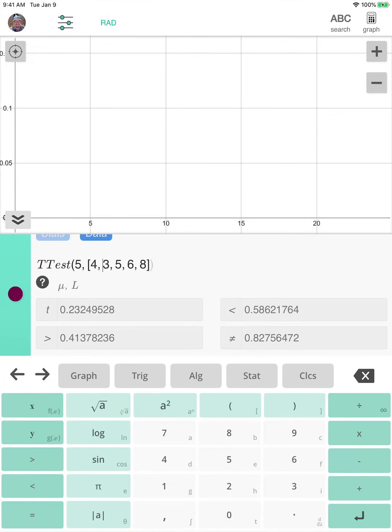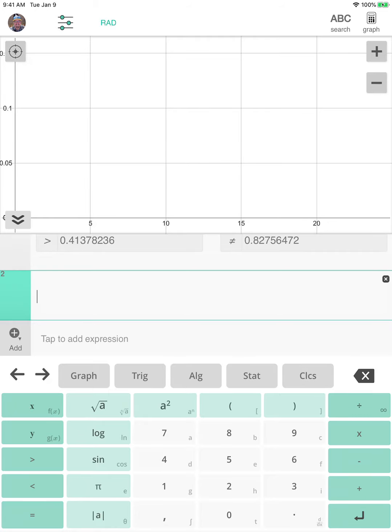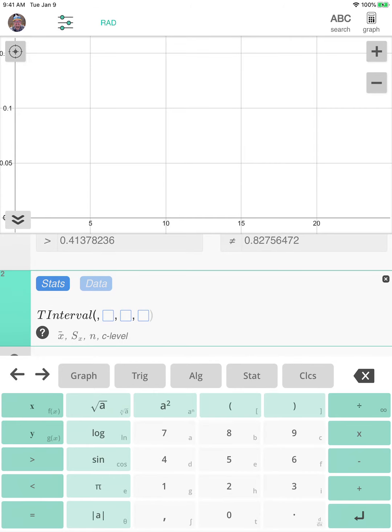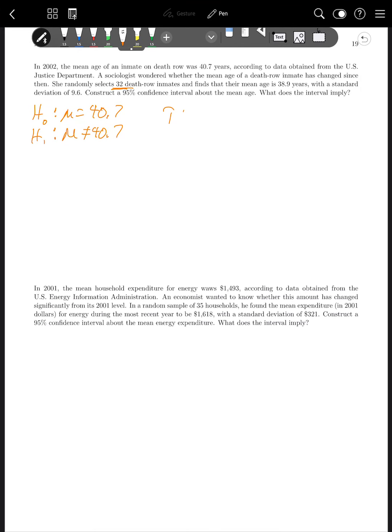So in StatCrunch, remember, we're going to choose a t interval for this. So Stat, T-stats, and t interval. And then you need to put an x bar, s, and n, and a c level. Our x bar is 38.9. Our standard deviation is 9.6. Our n is 32.